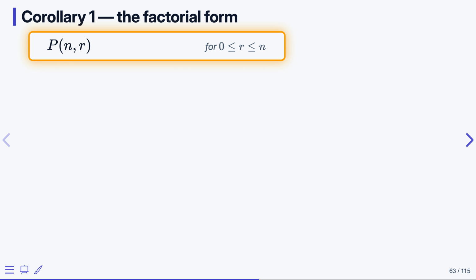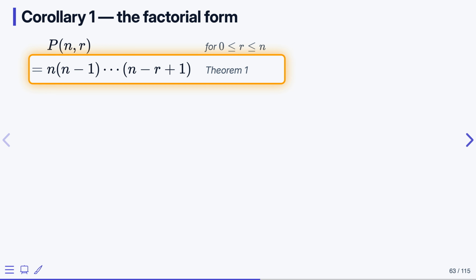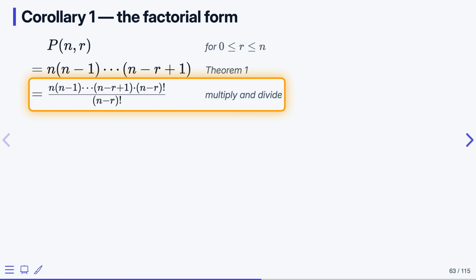The product form is fine for numbers, but a factorial form is easier to work with. Line 1. Start from P(n, r). Line 2. Theorem 1 writes it as n times n minus 1, and so on down to n minus r plus 1. Line 3. Now a small trick.